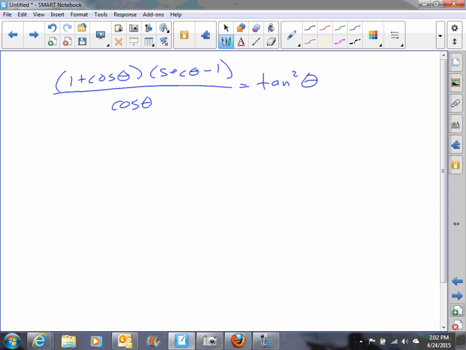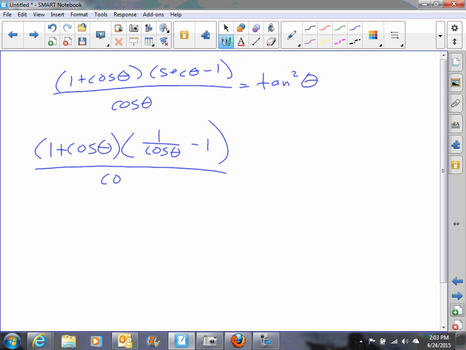Because the first factor in the numerator is 1 plus cosine theta. Now, one of the identities in our toolbox is that the secant of theta is the reciprocal of the cosine. So we can write the secant of theta as 1 over the cosine of theta minus 1, and this is all over the cosine of theta.